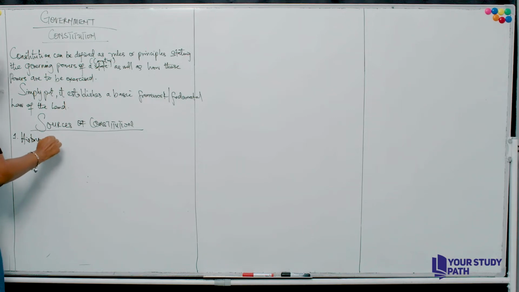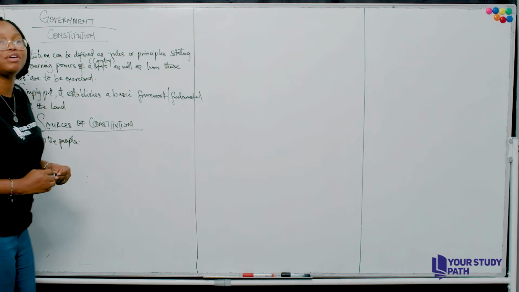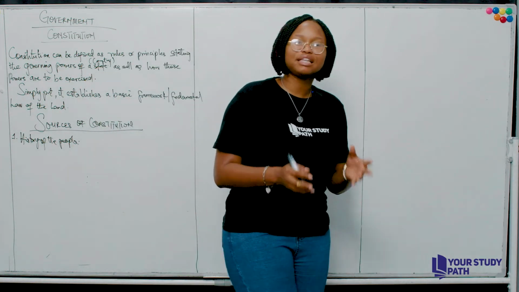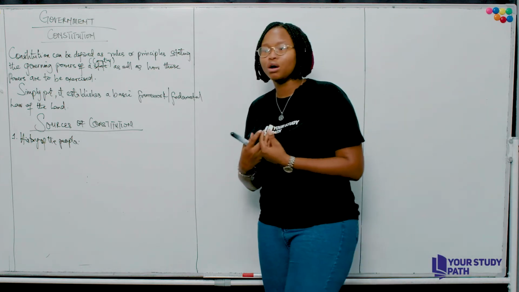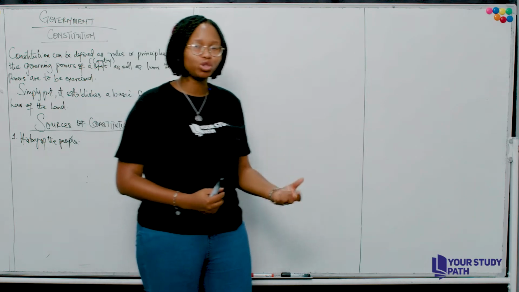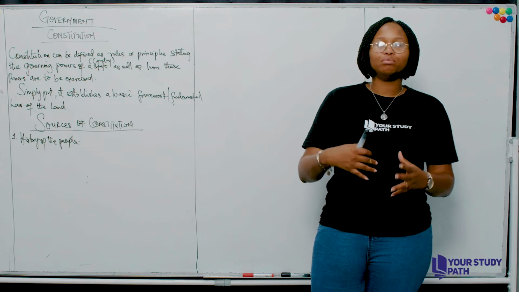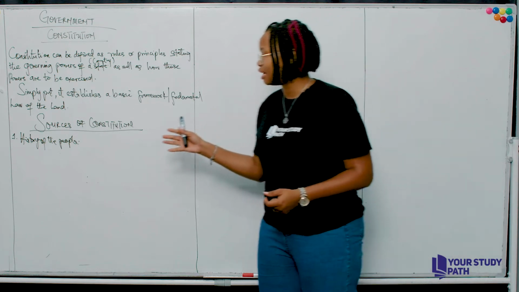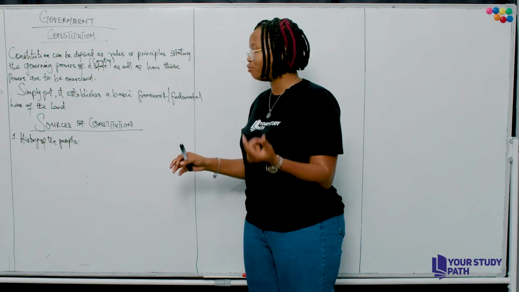A lot of people have a past, and that past is very vital in determining the extent of powers that political leaders should have. Past political developments and revolutions have a pivotal part to play when bringing down the content of a constitution. And that's why we said that the history of the people is a source of its constitution.